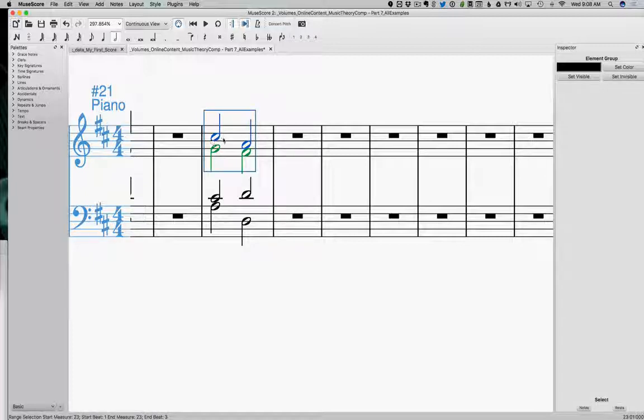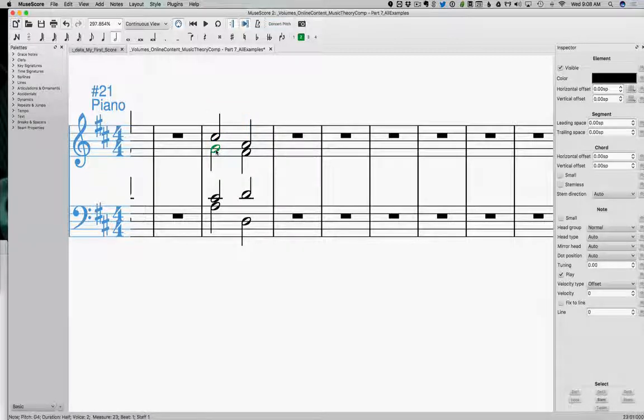It does not resolve correctly that way. My chordal seventh does. That's fine. My leading tone here does resolve correctly. And we have our root position 5-1. So this doesn't work either.